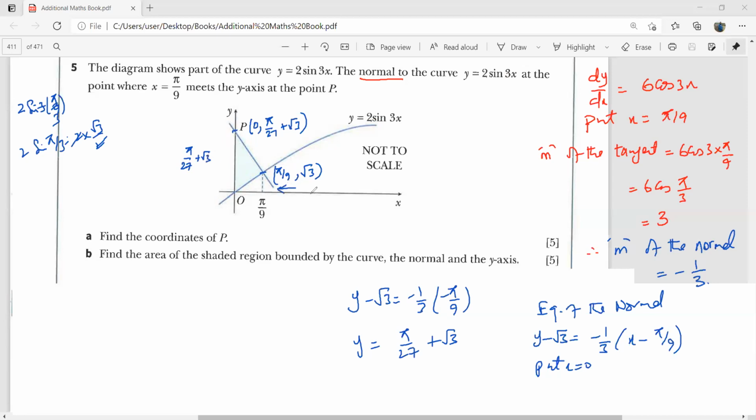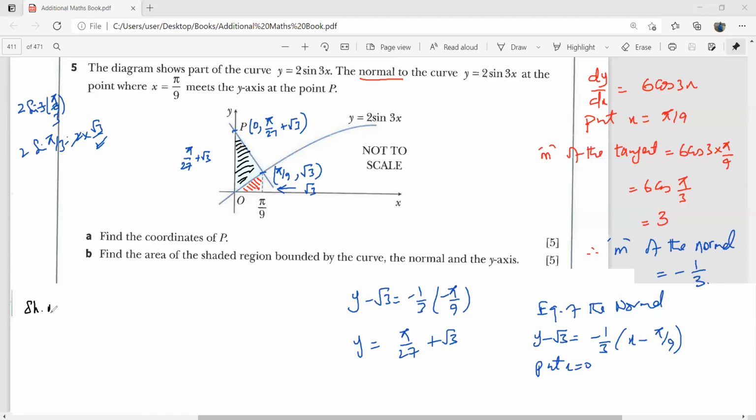And this side is simply under root 3. And their height is pi by 9. So you can determine the area of the trapezium. And then you can subtract this red area from this. That is the area under the curve here. So you will be getting this shaded area over here.